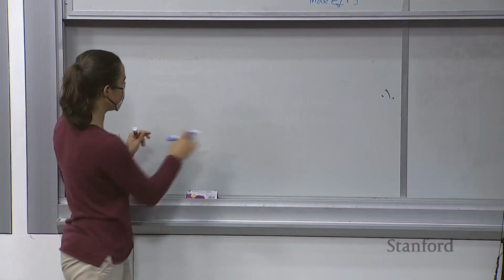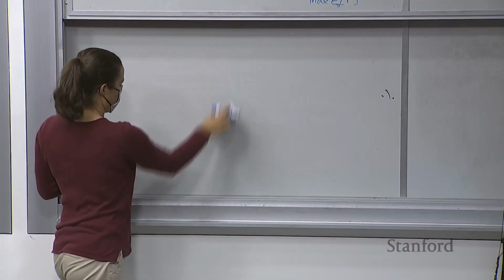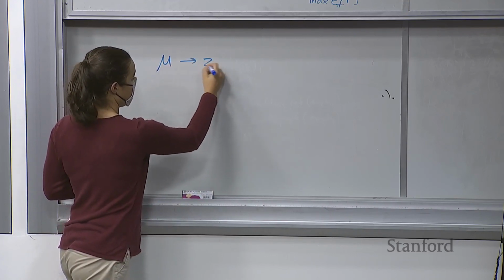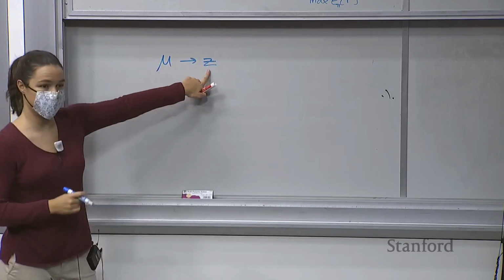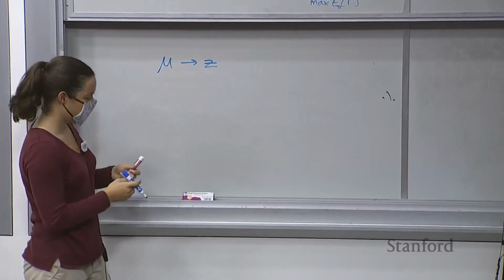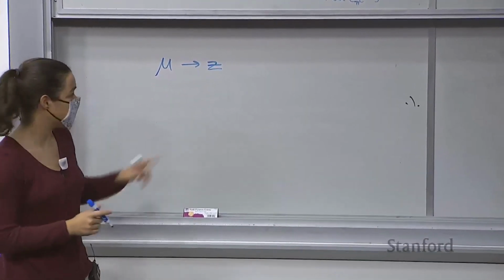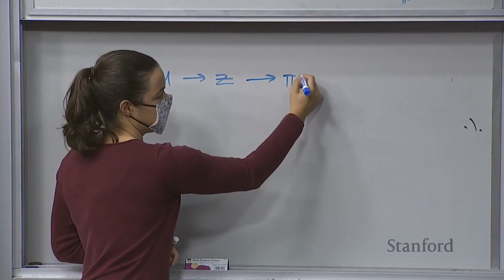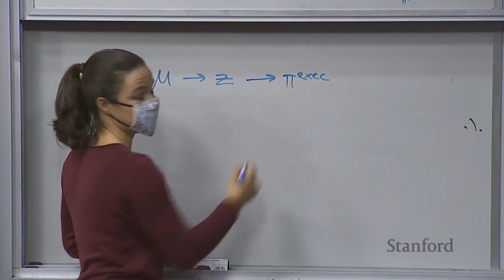So we're going to have one model that goes from our one-hot task identifier to a better task representation. We're also going to have a model that goes from this task representation to actually solving the task. So this is our execution policy.